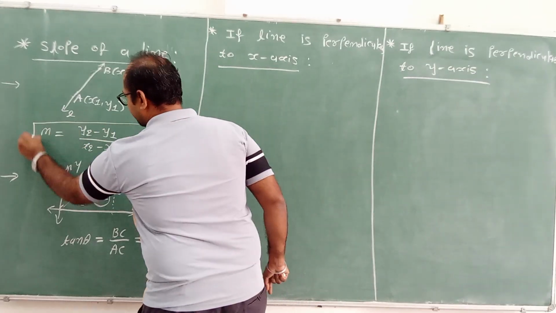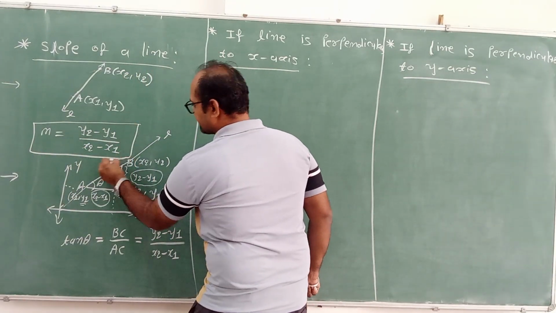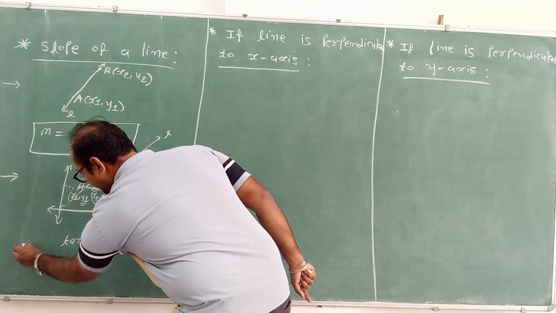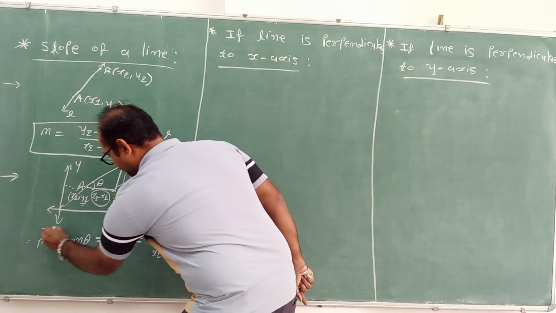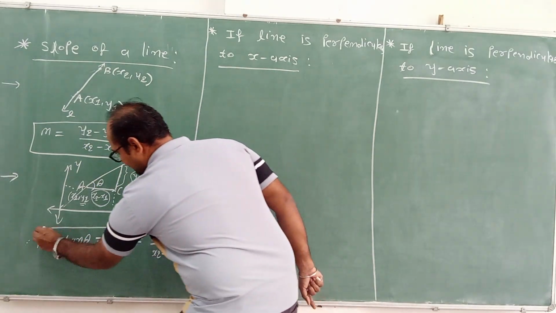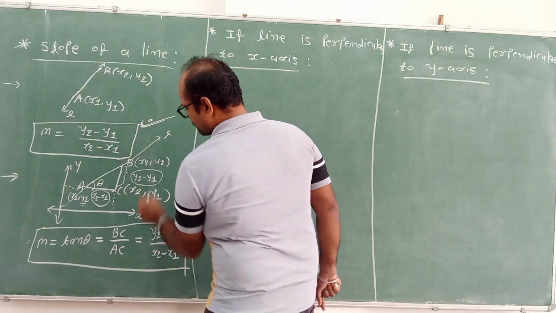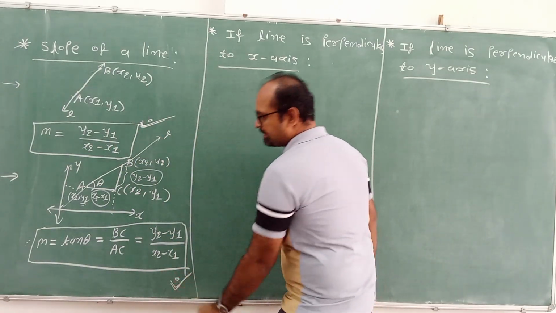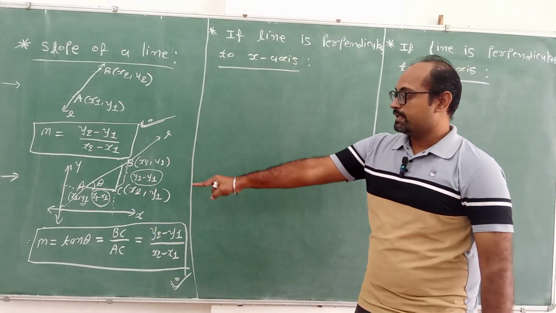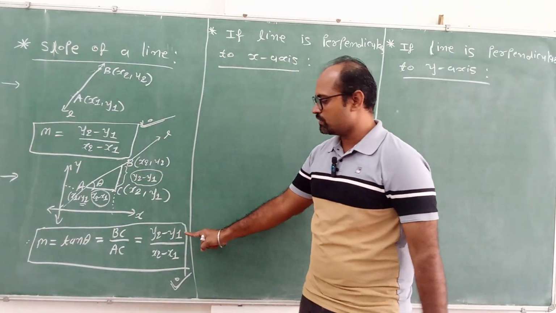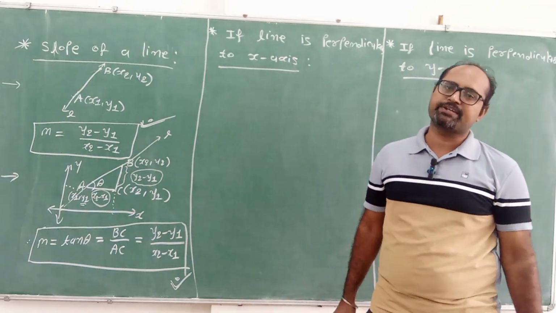This is M. So M equals (y2 minus y1) upon (x2 minus x1). So finally we get this is M. Remember this formula, number one, this one and this one. That means M equals tan theta equals (y2 minus y1) upon (x2 minus x1).